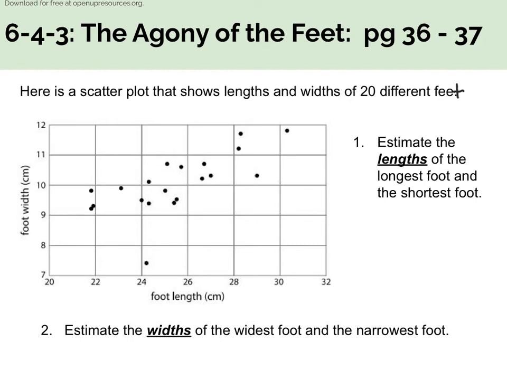Let's look at the longest foot. We have this longest foot here. The longest foot is about 32 centimeters in length, and it has a width of about, I don't know, 11.9. So as far as our longest, let's write this out.